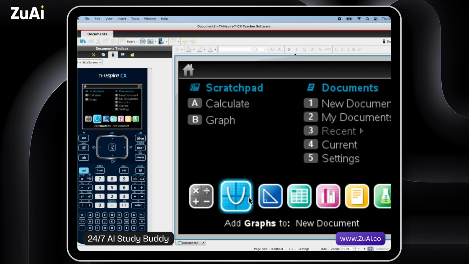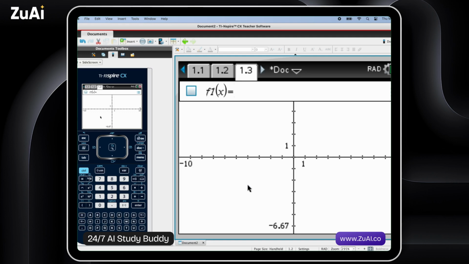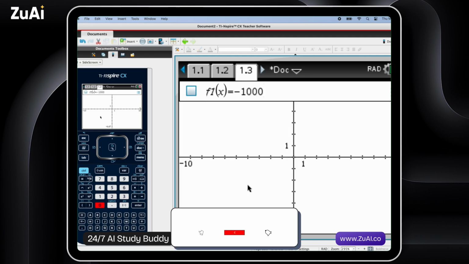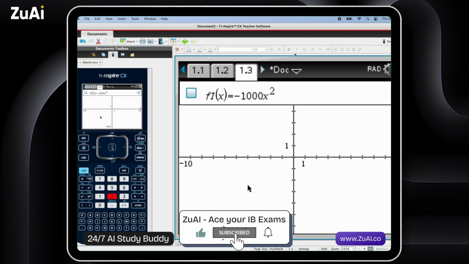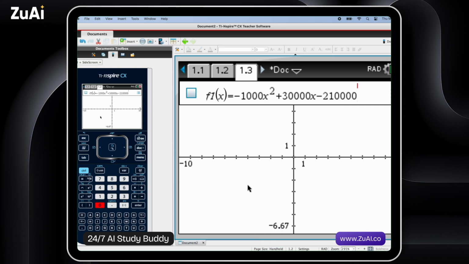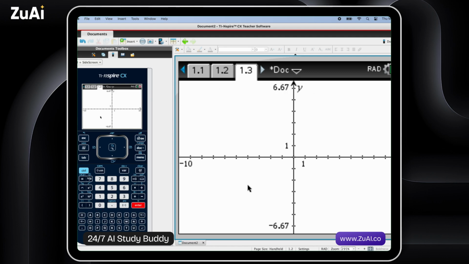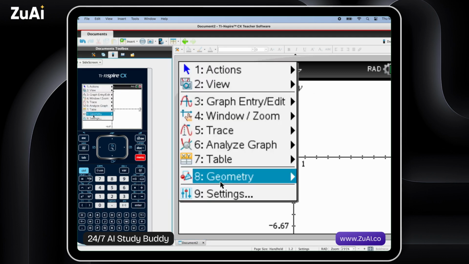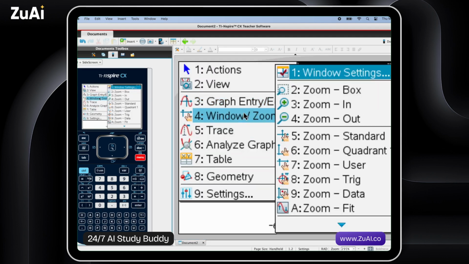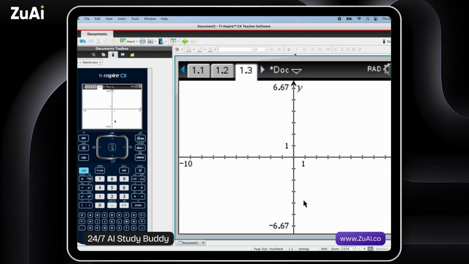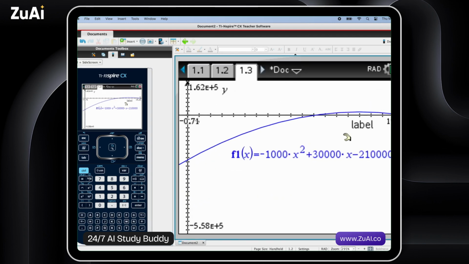Negative 1000x squared plus 30,000x minus 210,000. This is going to be very, very large, so let's hope that ZoomFit will help. And it's not actually too bad at all.